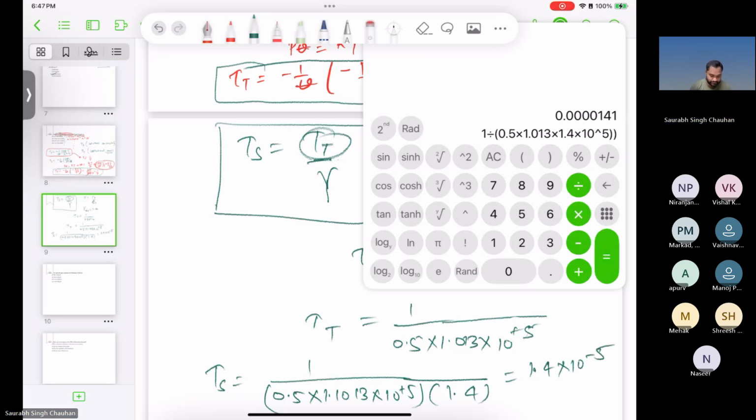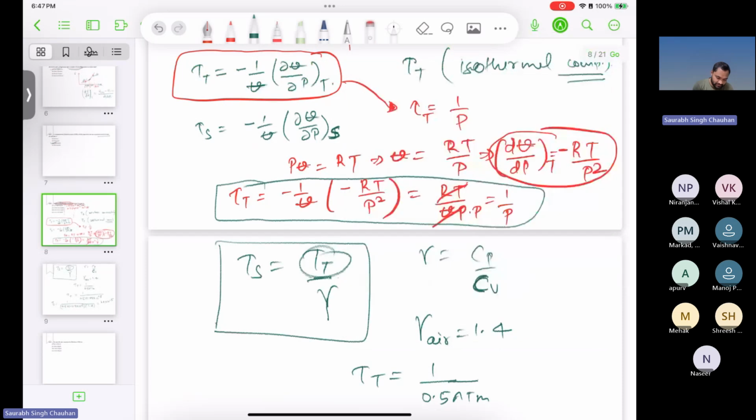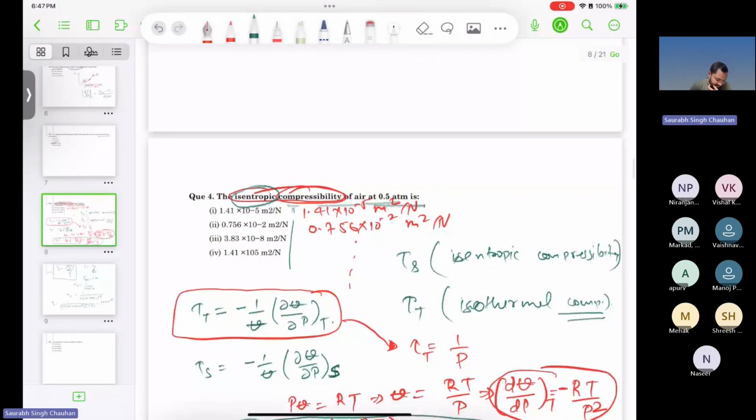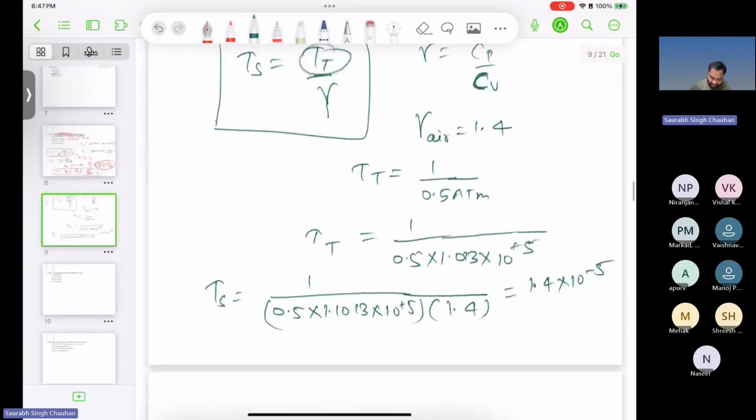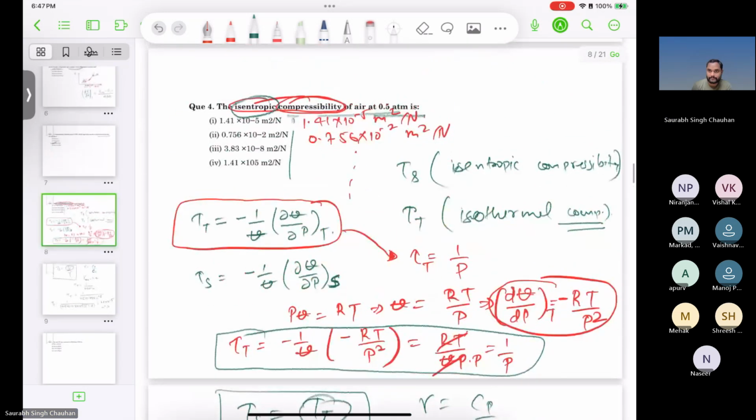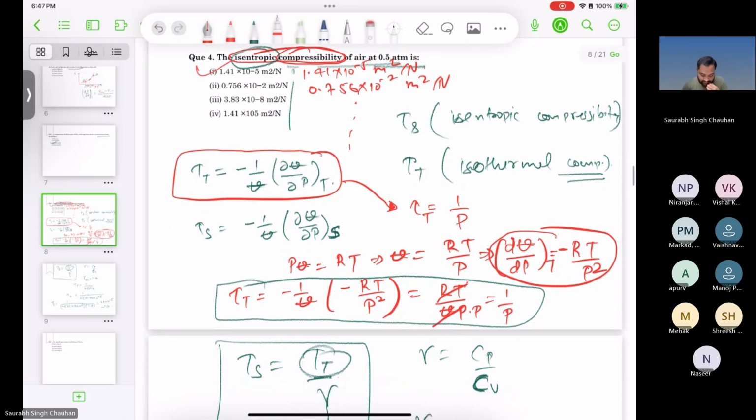So is there any option? Yes, first option is there: 1.41 into 10 to the power minus 5 meter square per Newton. So option A is the correct option. These equations are important.